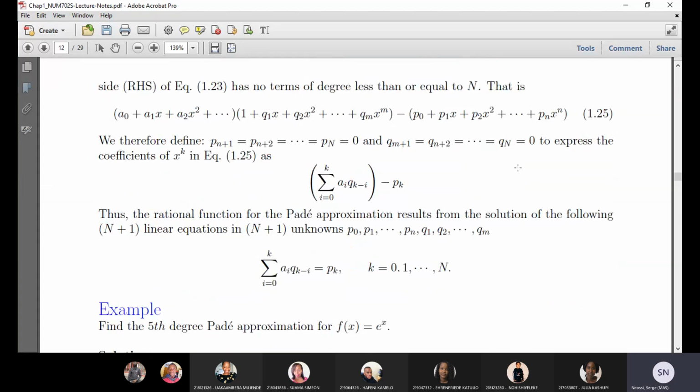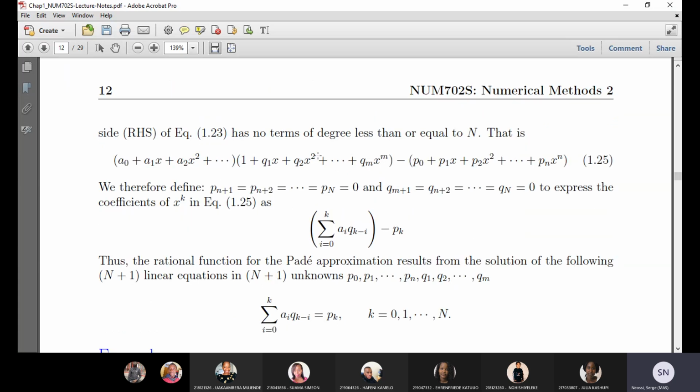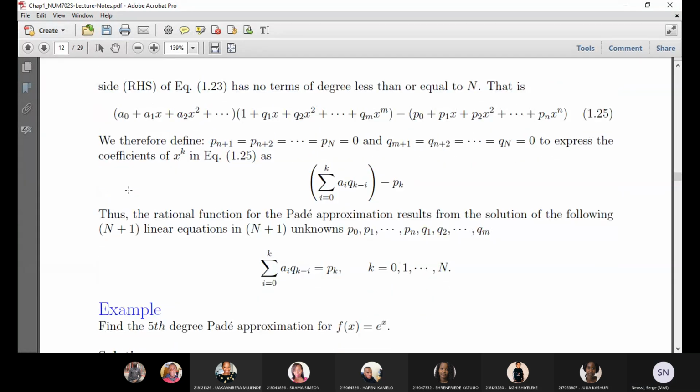So now we expand this and look at a generic coefficient that we denote by x to the k. The coefficient of x to the k in this expansion is given by this, right?